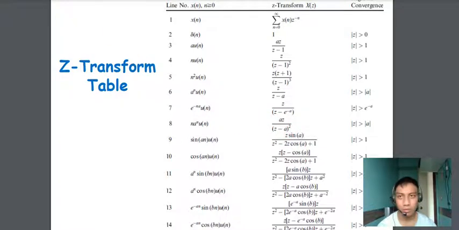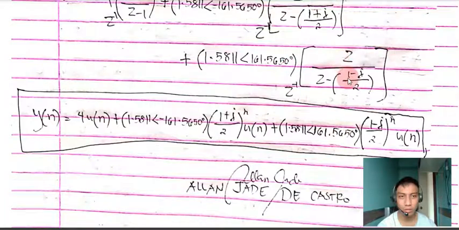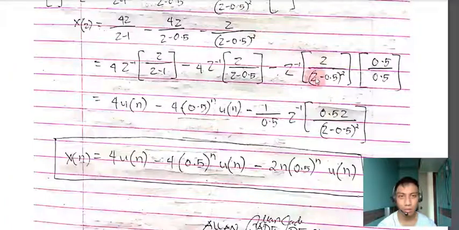Here we don't have a, so we need to multiply by 0.5, which becomes the a. So we have inverse of 0.5z over (z minus 0.5) squared multiplied by 1 over 0.5.